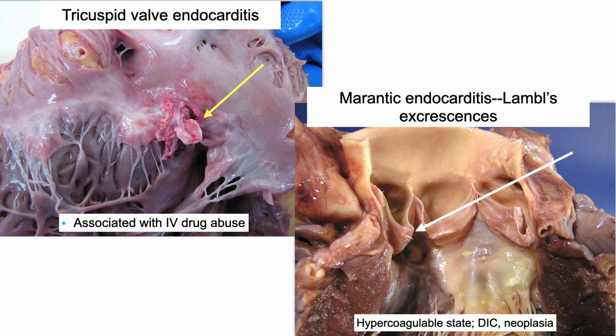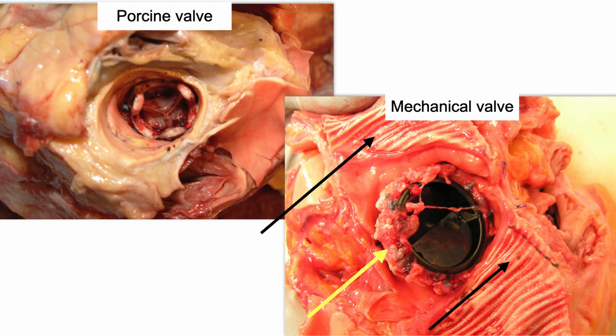People who are hypercoagulable, people with neoplasia, are more likely to develop those, and they can be pretty prominent. The one I show doesn't have much. It's just Lambl's excrescence, which is probably a healed rheumatic endocarditis, but I had one when I was a resident. I just unfortunately don't have a picture of it, but there were really prominent vegetations that were absolutely sterile, no bacteria.